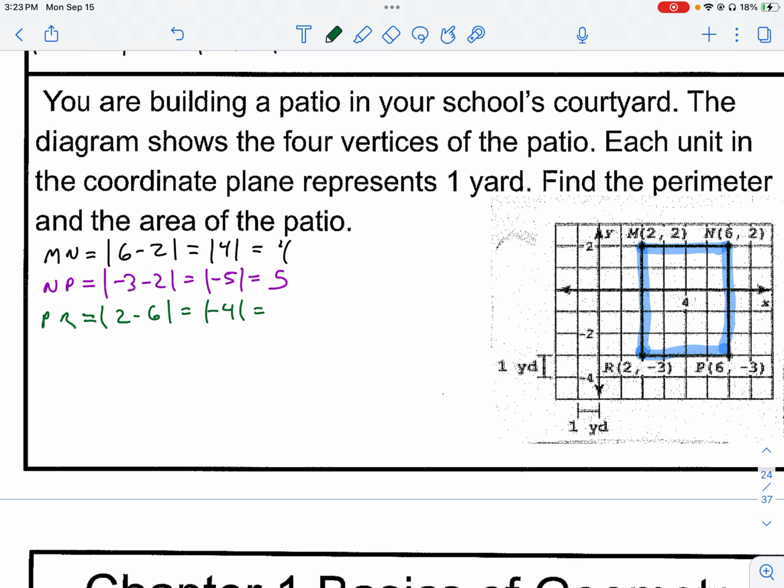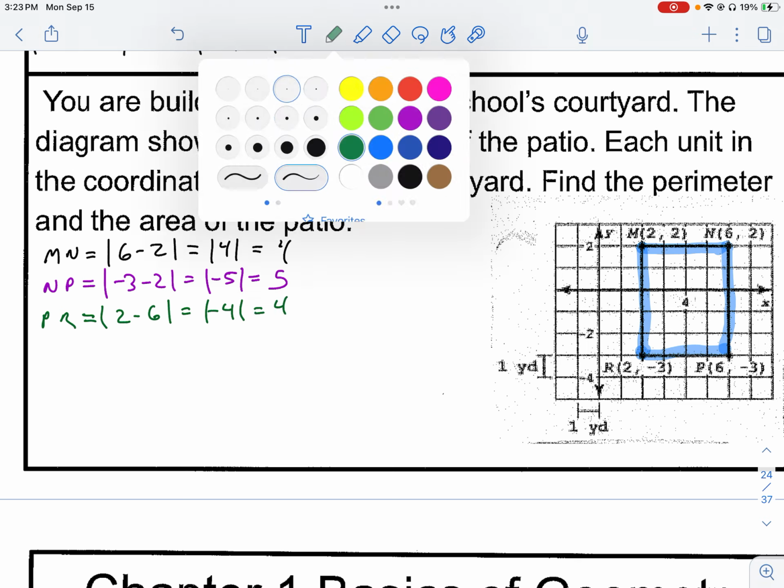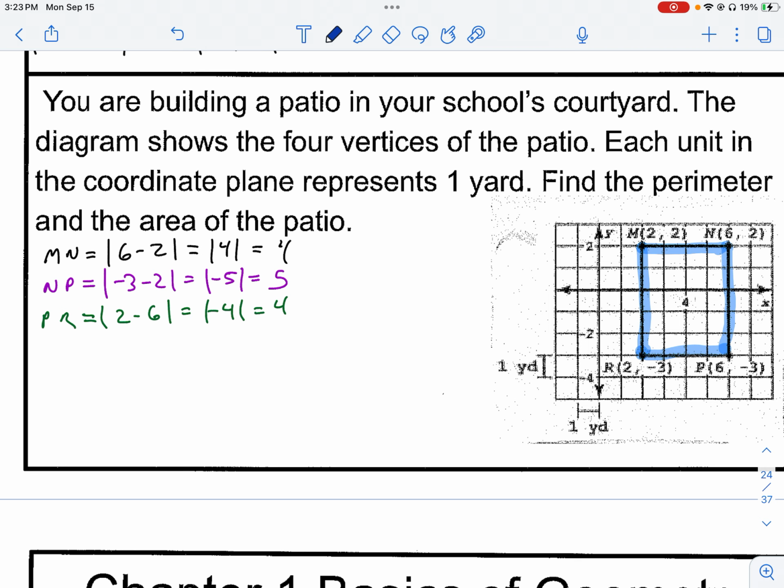Six minus 2 is absolute value -4 is 4. And then our last guy here is MR, and we get -3 minus 2.